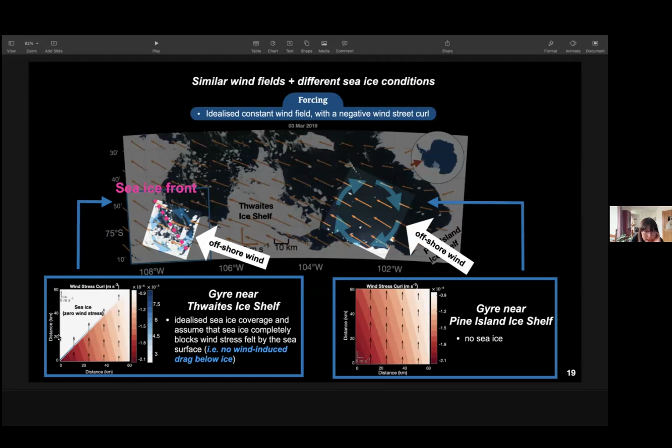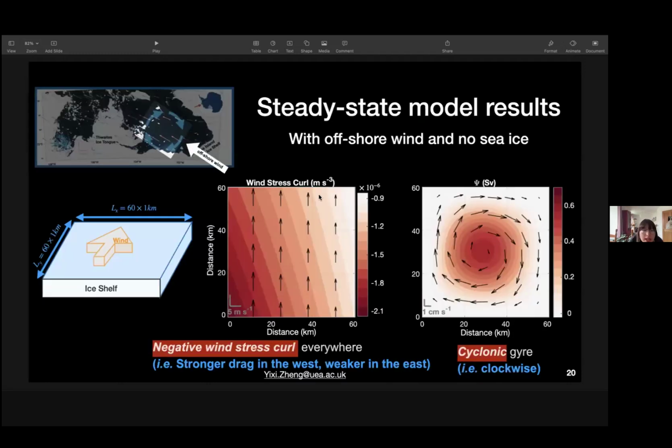And when we set up this sea ice module in our model, we actually didn't consider any thermodynamics of the sea ice model, but we only consider how the sea ice is going to impact the air-sea momentum flux. So for our first experiment, we just assume that the sea ice is going to block all the air-sea interaction. So then it means that there's zero wind stress here. And then we see the steady state model result.